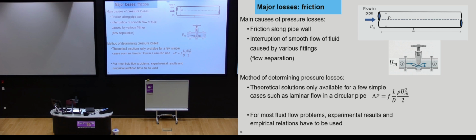So we've already looked at how to determine the energy loss or the head loss for a pipe. We did that last week, and we derived this equation where we got this friction factor. So for most fluid problems, the experimental results have to be used to identify that. But if it's laminar, it tends to be easier.